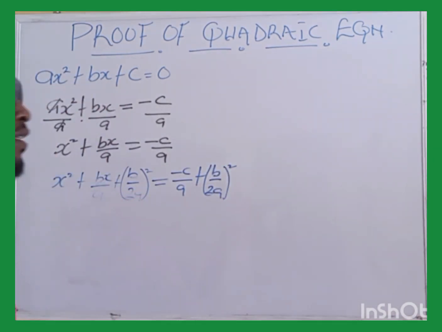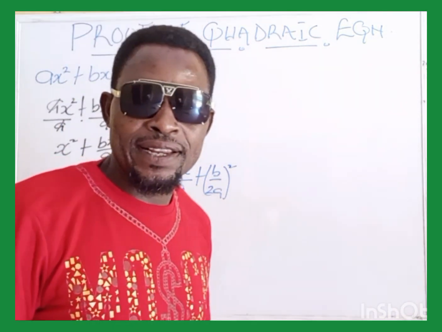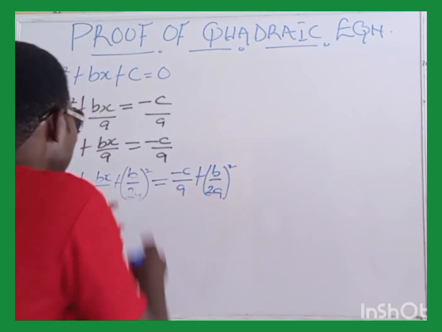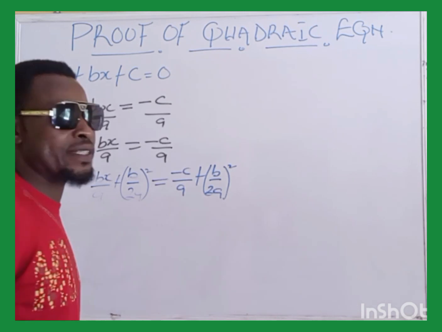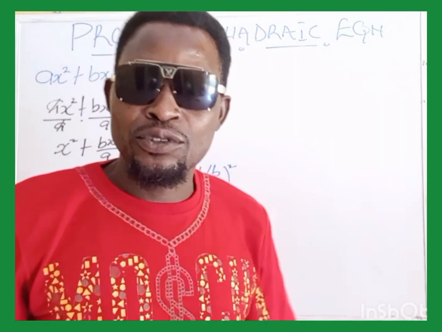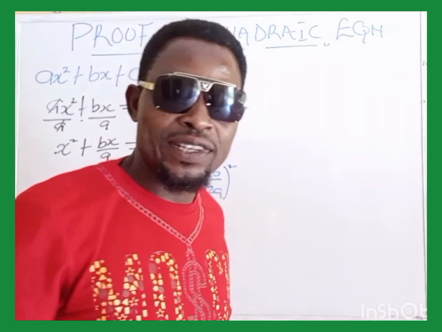So we've not done any magic. If you look critically at the equation, you discover that we added this to both sides, which is still the same. It's just an attempt to complete the square at the left hand side.